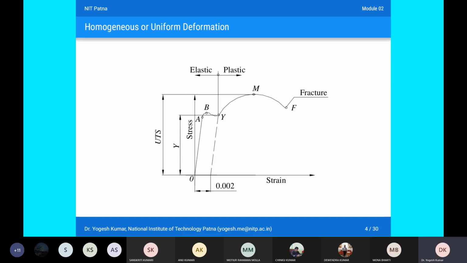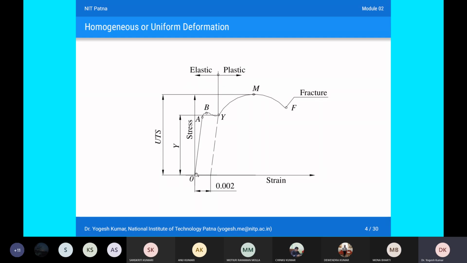And you get this kind of curve. We have iteratively discussed tensile tests. We get this kind of curve when we compute your stress values on a graph paper.